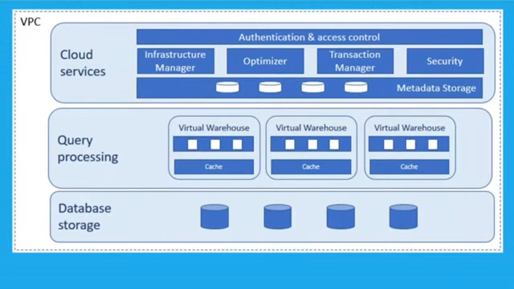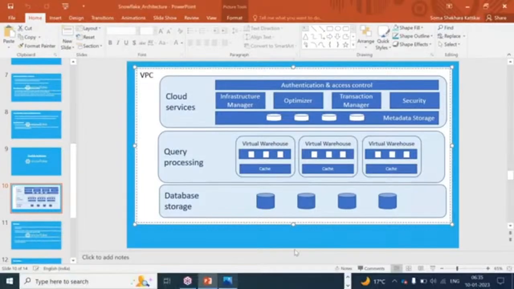You just can't see those physical devices. I will show you how to create the virtual warehouses and how it looks. You need to create a virtual warehouse. This is also one of the objects, like how you create a table. So this virtual warehouse is also one of the objects in your Snowflake that you are going to create.